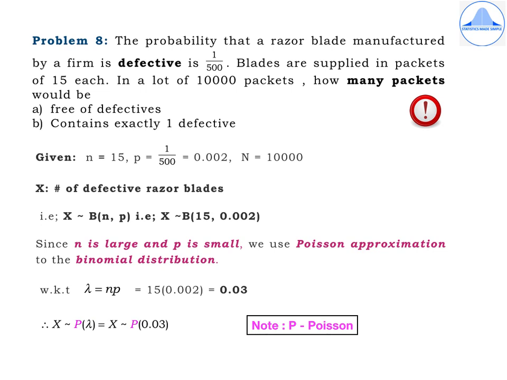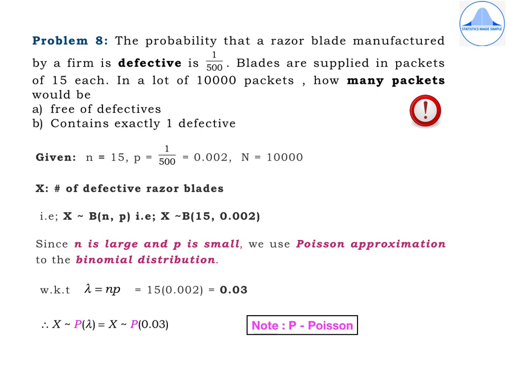So in the given part, write small n equal to 15, p equal to 1 by 500, which is 0.002, and capital N is equal to 10,000.